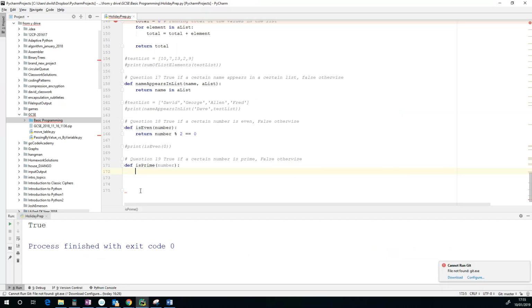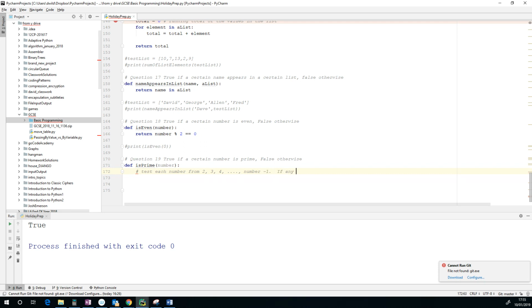So what we want to do is set up a loop that goes from 2 all the way up to number minus 1. I'm going to test each number from 2, 3, 4, all the way up to number minus 1.